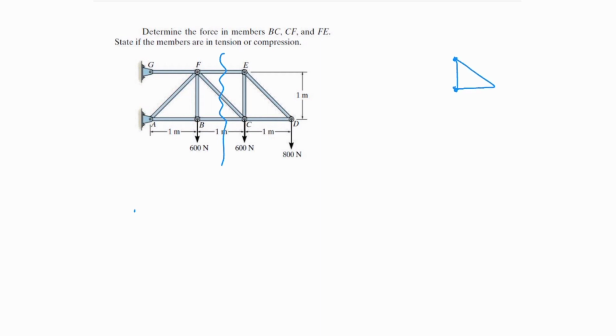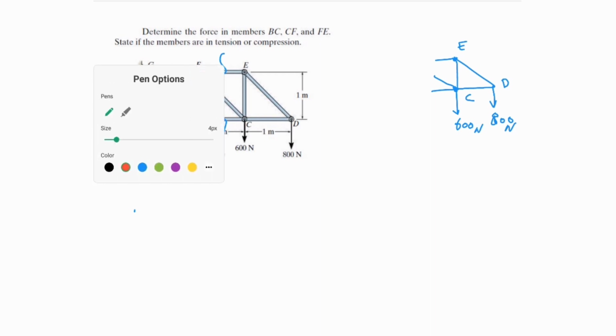I have a link like this. I have 800 newtons over here. I have a link over here, another one. This is E, this is D, and this is C, and I'm applying 600 downward over here. I put my unknowns like this.